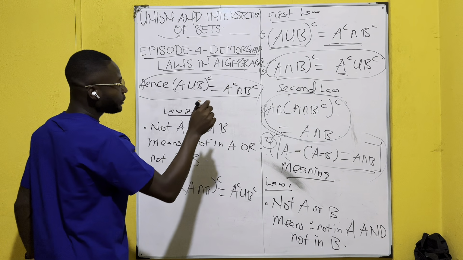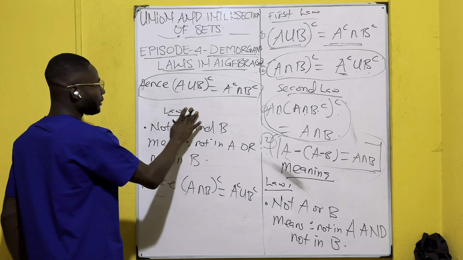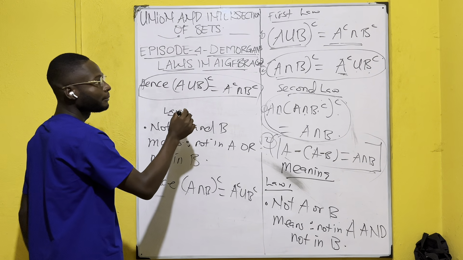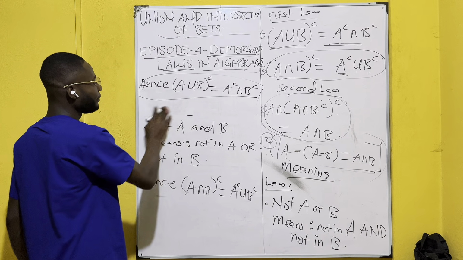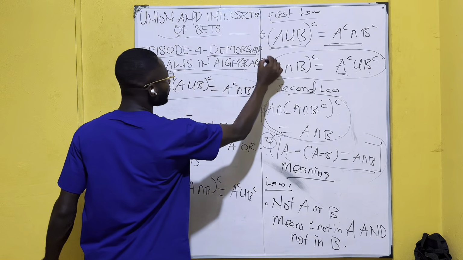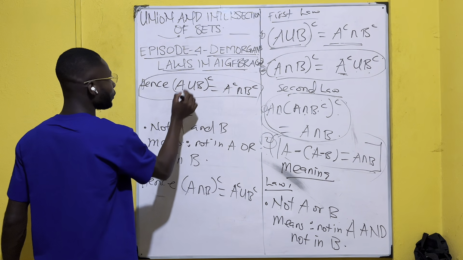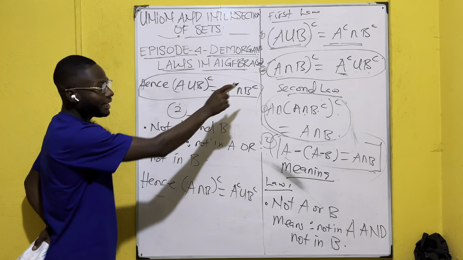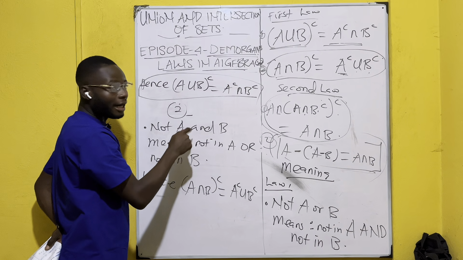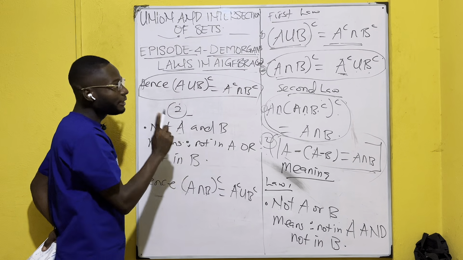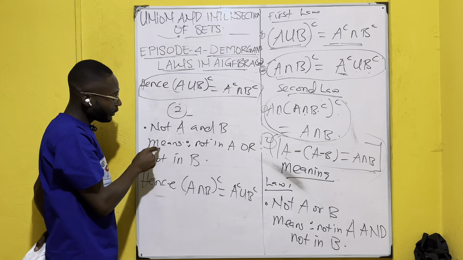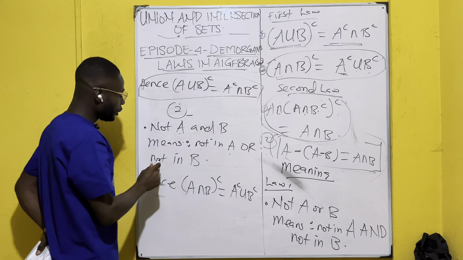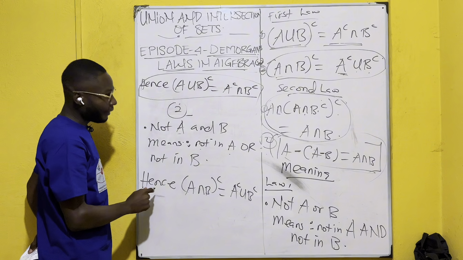So I wouldn't say it's law 2, but I would say law 1 sub, so that would be B. So I named this one 2, this one 1. So okay, law 2, right? Good. So if that statement means that not A and B means that not in A or not in B, right?